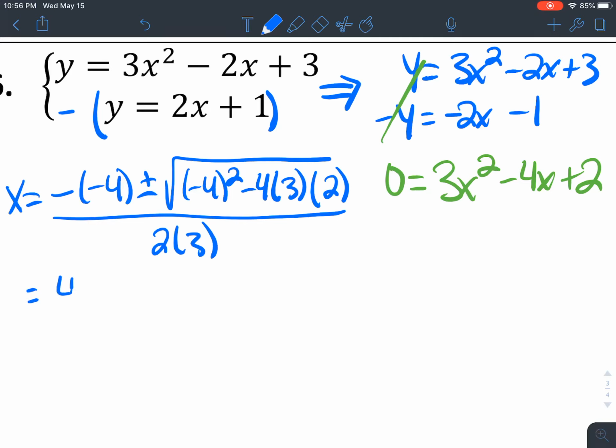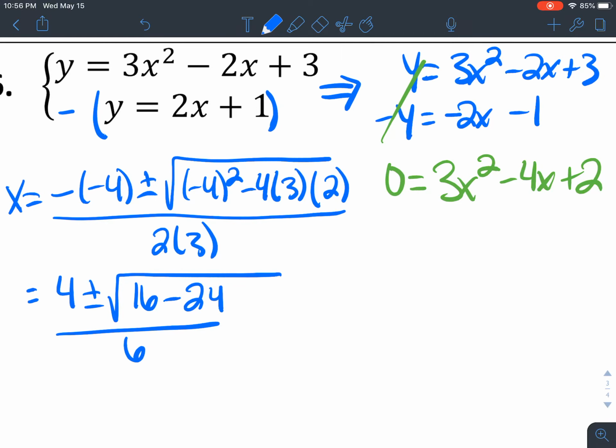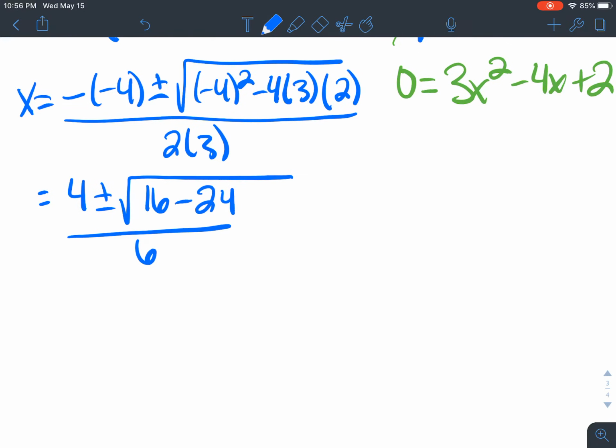So negative 4 is just a 4, plus or minus the square root of 4 squared is 16, minus 4 times 3 would be 12, times 2 would be 24, all over 6, which is 4 plus or minus the square root of negative 8 all over 6.